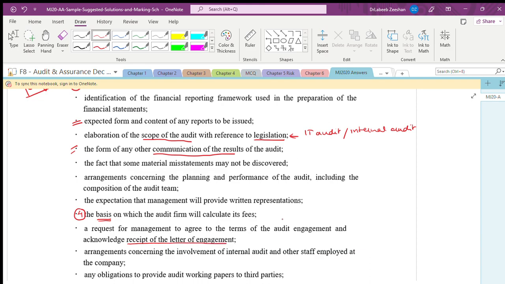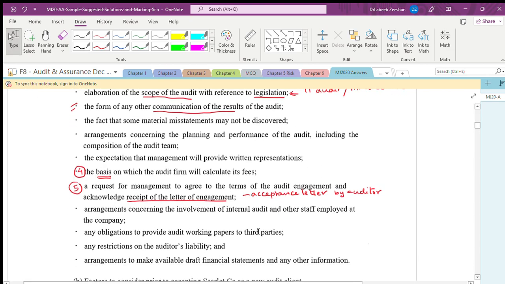See, it's very simple. Whenever anybody gives you an offer letter, it is nothing but what? It is an acceptance letter. Acceptance by whom? Acceptance by the auditor.